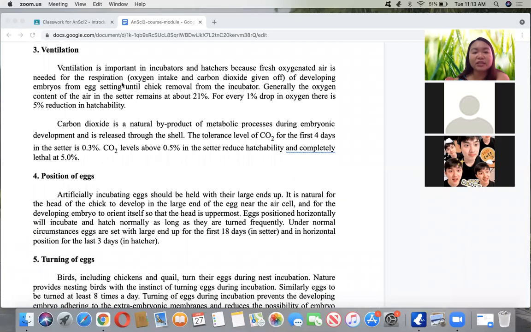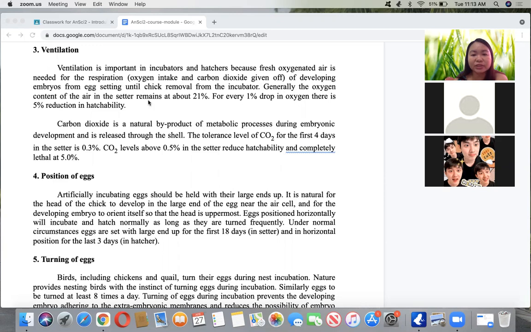So the ventilation is also important in incubators and hatchers, since fresh oxygenated air is really necessary for the respiration ng ating chicks, no? The oxygen intake and the carbon dioxide given off. So for the developing embryos, from egg setting until chick removal from the incubator, ventilation is very important.